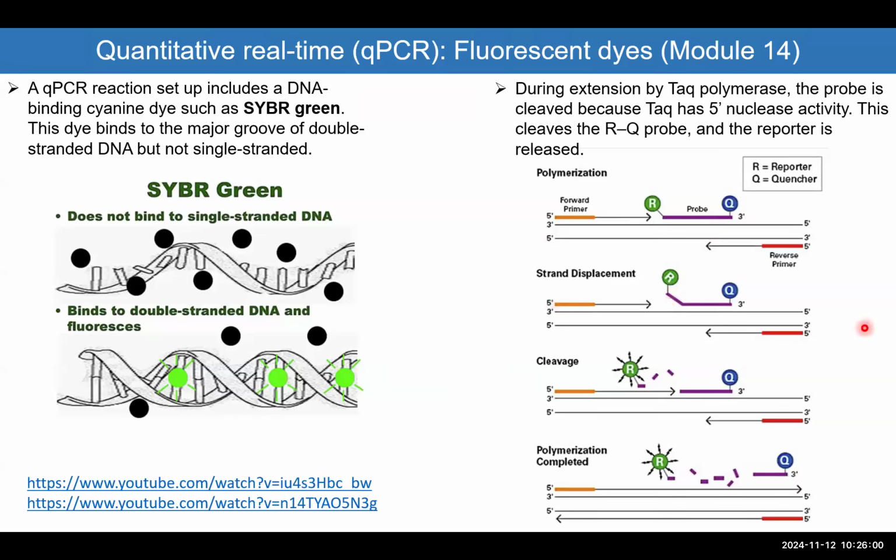And then primer 1 and primer 2 start to polymerize. Once this primer comes here and reaches the probe, it's going to break the probe. The reporter is going to be released, and it will continue all the way. It will remove all the probe, while the other one has no issues. It's going to just read all the way.